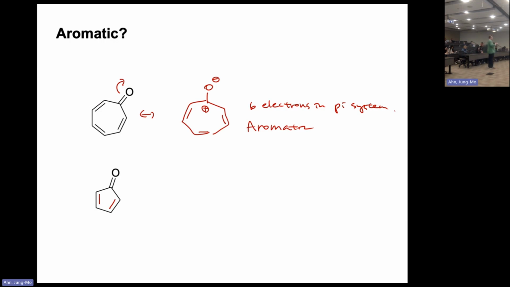That can be seen by making resonance structures: this pi bond electron pair goes to the oxygen, and then you get a charge separation, a positively charged carbon with a negatively charged oxygen. That is the resonance structure we draw, and I think this is probably the dominant form rather than the other one, because this way this ring becomes aromatic.